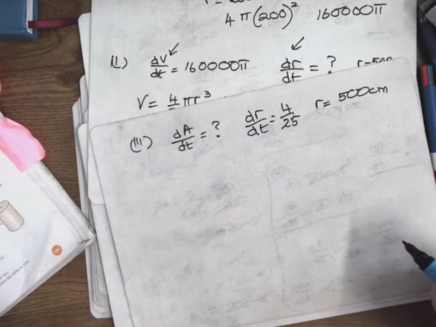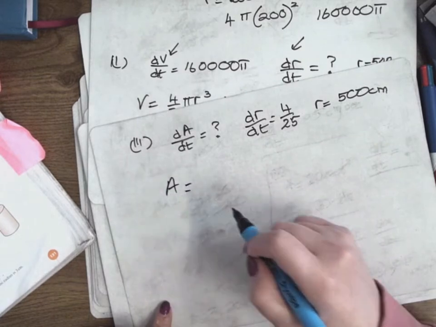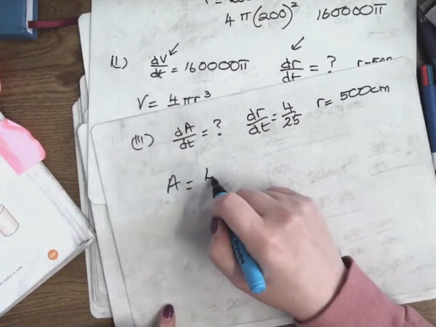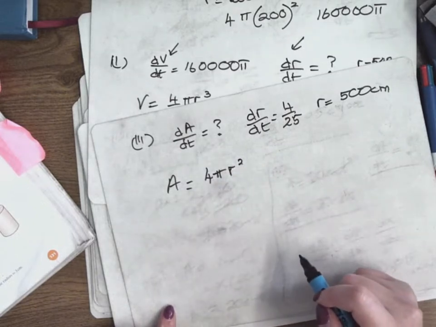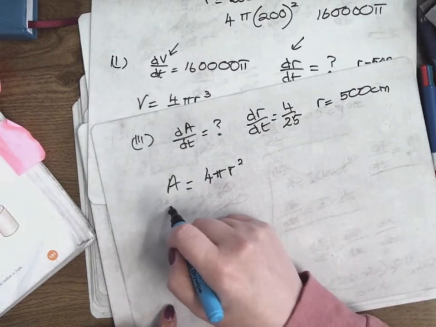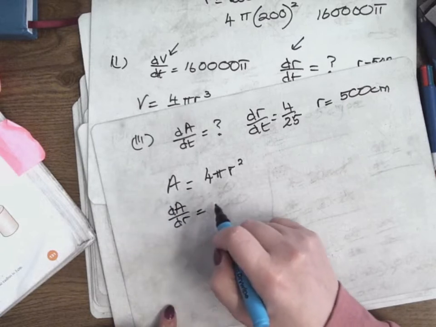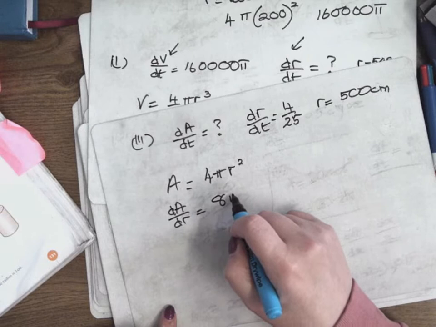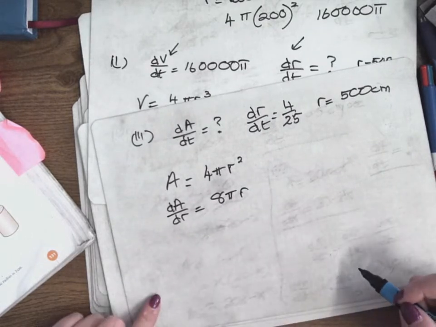So it's the rate of change of surface area. So off you go to the log tables and you get the surface area of a sphere, which is 4 pi r squared. So there's your formula. I can differentiate that and call it dA/dr. Differentiate that and you'll get 8 pi r, agreed?